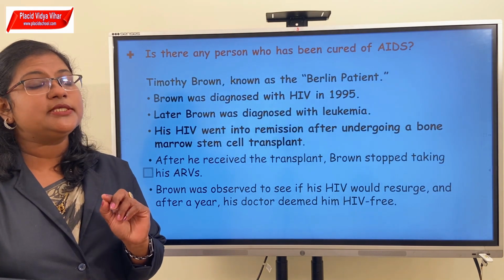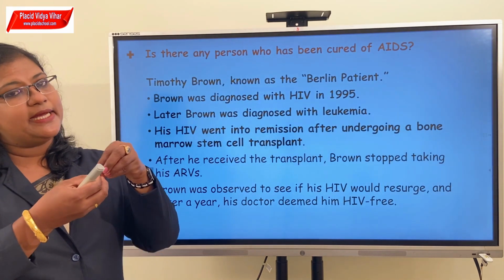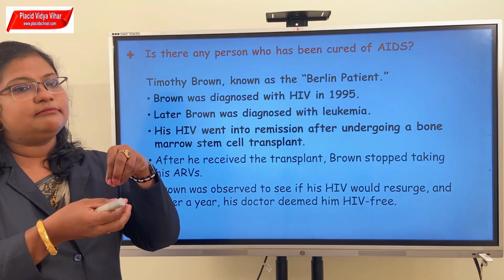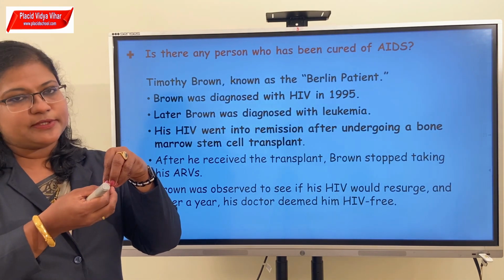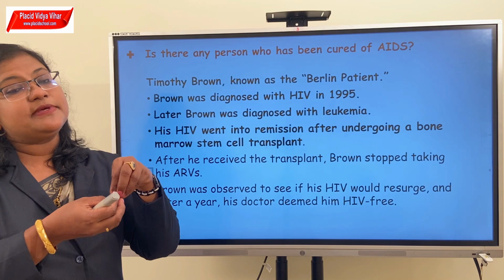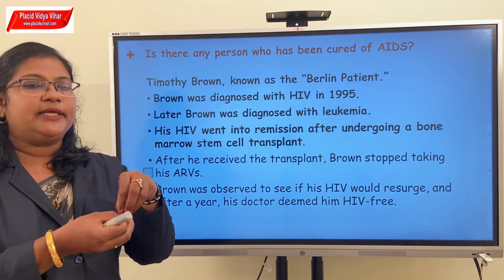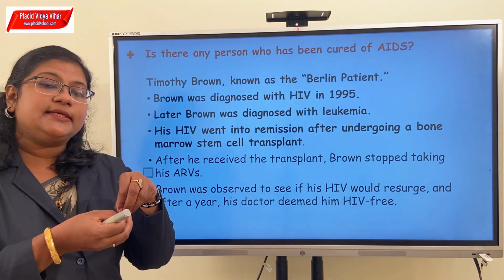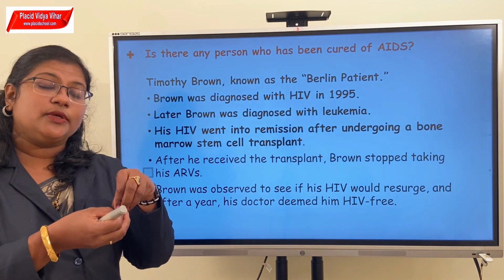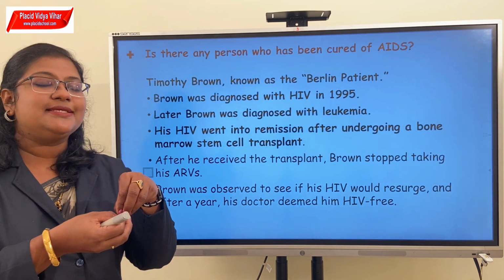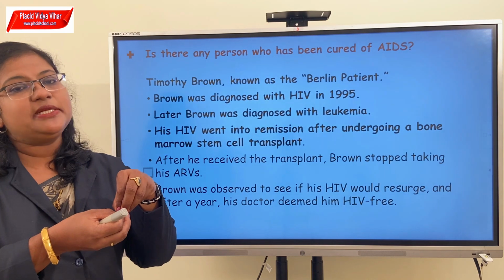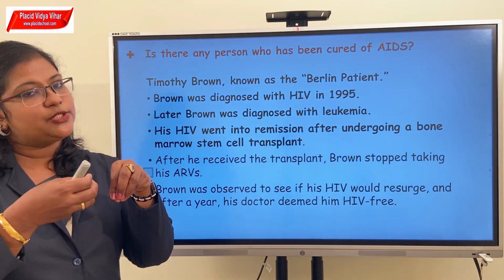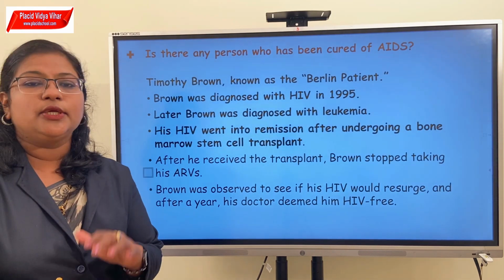It is an important co-receptor which helps in binding of the virus into the macrophage or any CD4 cell. So the doctor suggested he search for a donor with CCR5 mutation. That means the CCR5 should be negative or not functional in that donor.